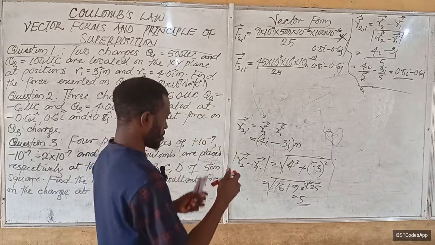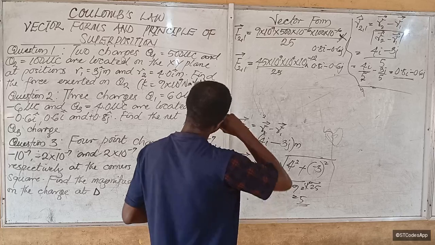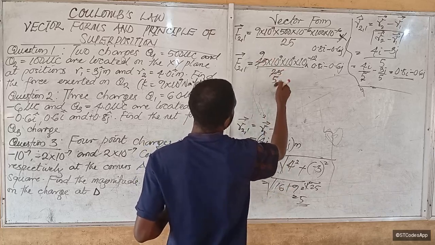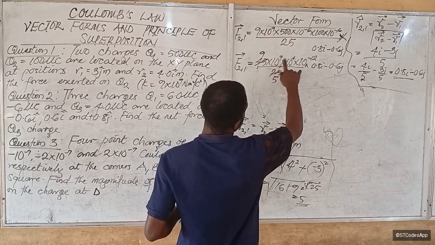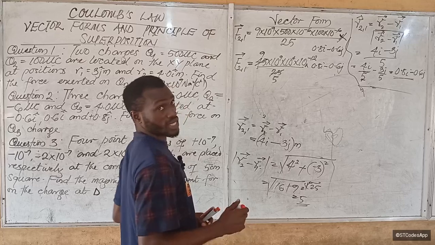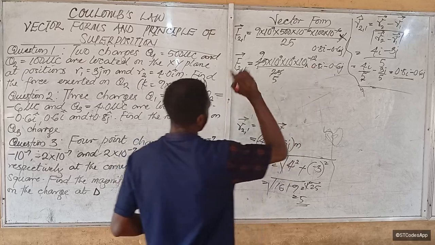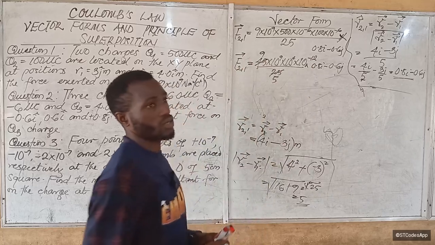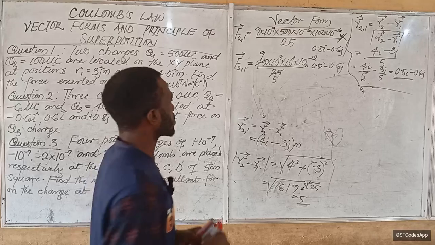Then what we have is 10 to the power 13 minus 12, that's 10 to the power 1. So 9 divided by 5 will give us 1.8.